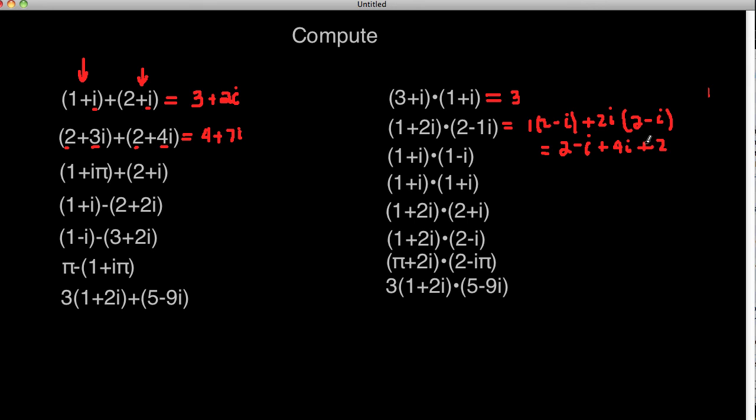So I have 2 plus 2, which is 4, minus i plus 4i, which is plus 3i. Okay, so the product of these two numbers is equal to 4 plus 3i.